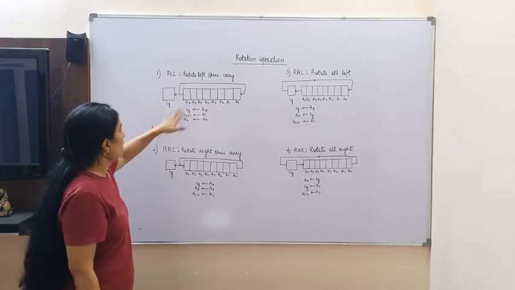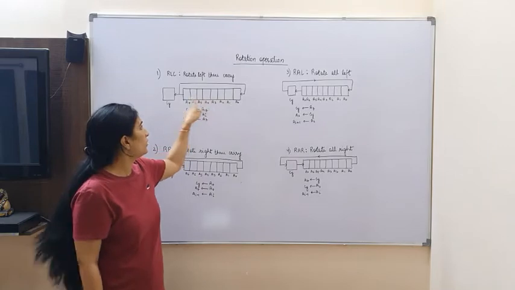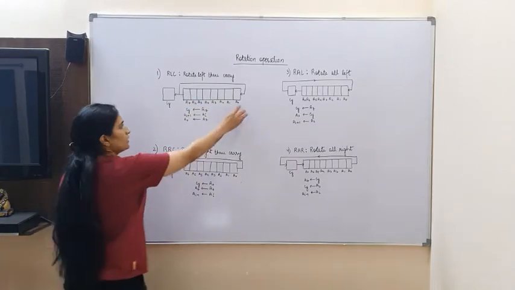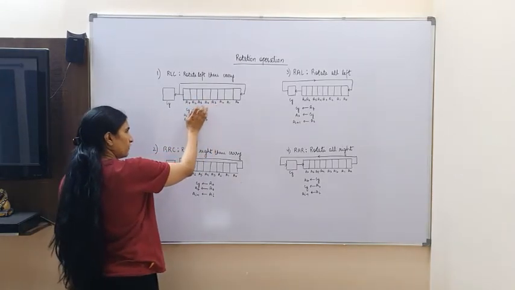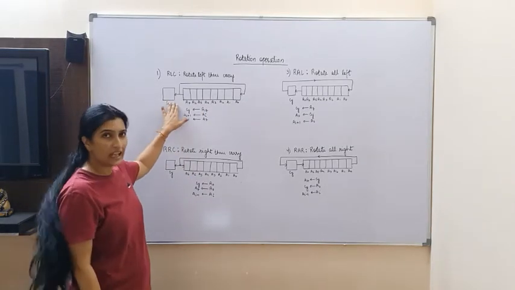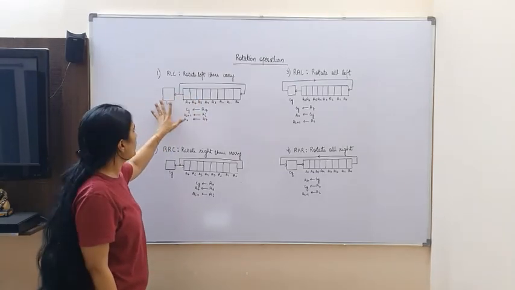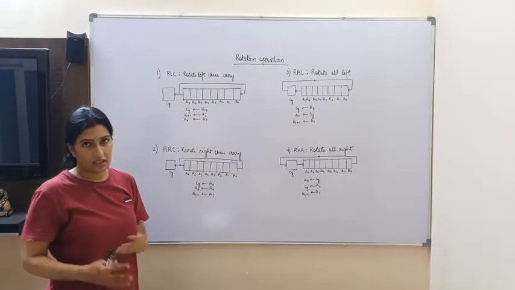How is it done? This is the bit pattern of the accumulator, the 8 bits of the accumulator: A0, A1, A2, A3, A4, A5, A6 and A7, and this works with carry. So the 8 bits of the accumulator and the 1 bit of carry are involved in this instruction.